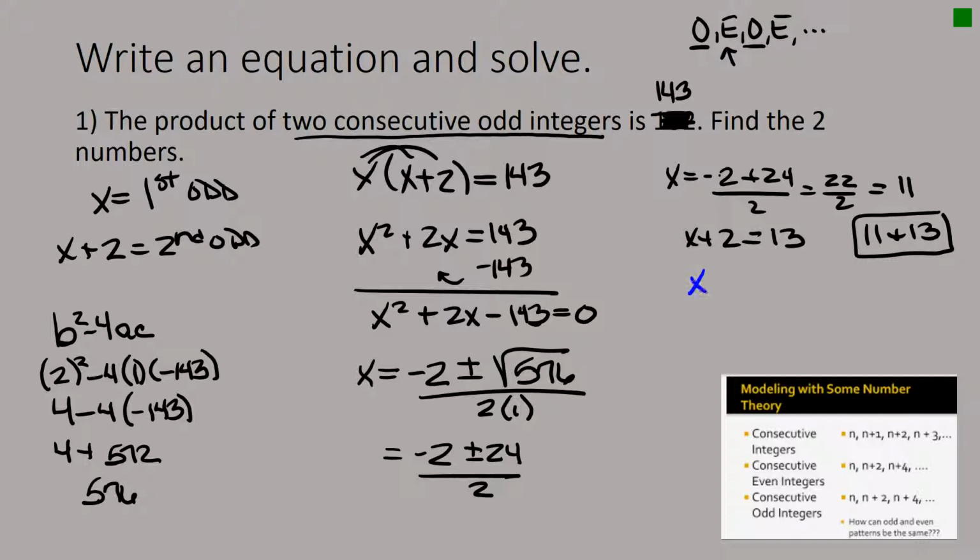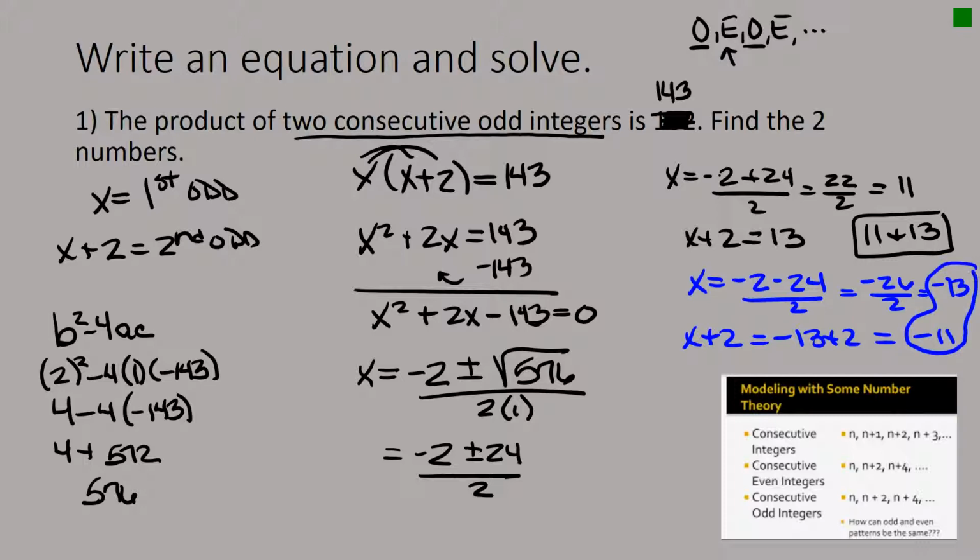Or x could equal negative 2 minus 24 over 2, negative 26 over 2, which is negative 13, which would make x plus 2, negative 13 plus 2, which is negative 11. So remember, unless they tell me they have to be positive or negative, we're going to get two answers here. So 11 and 13 and negative 11 and negative 13.